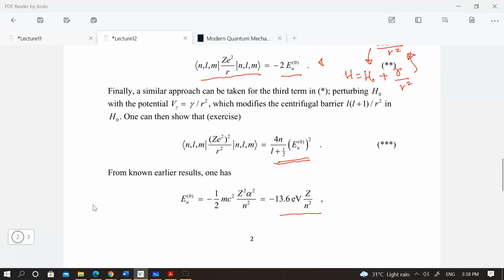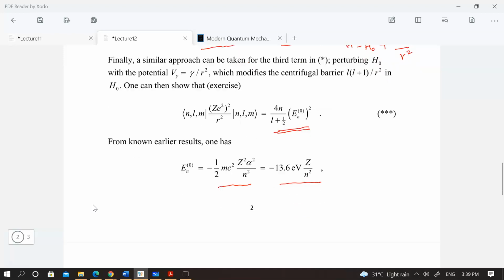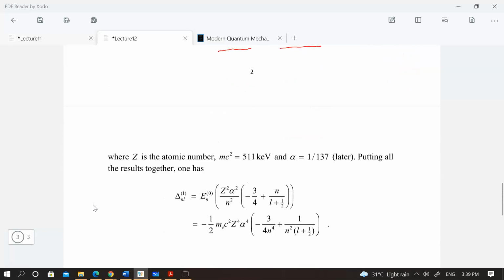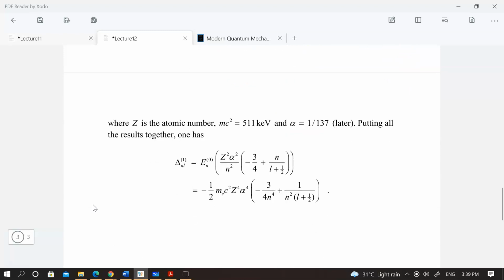You get 13.6 eV on n squared, which you already know. Or you can re-express it much more generally in terms of the fine structure constant alpha. You can plug those in, and finally you get this correction, the first order shift.